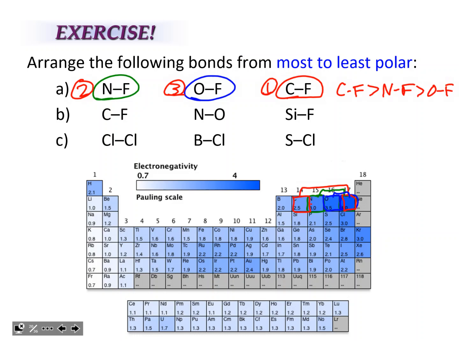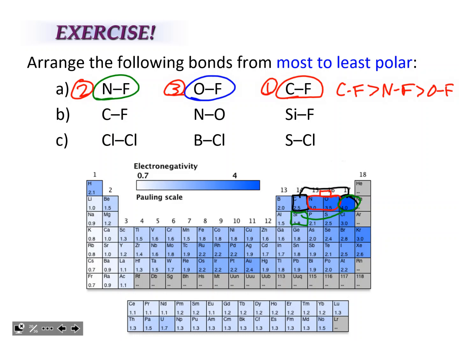So, same kind of deal here with B. Now we're looking for, here we have C to F, like so. We have N to O, and then we have Si to F over here, okay?